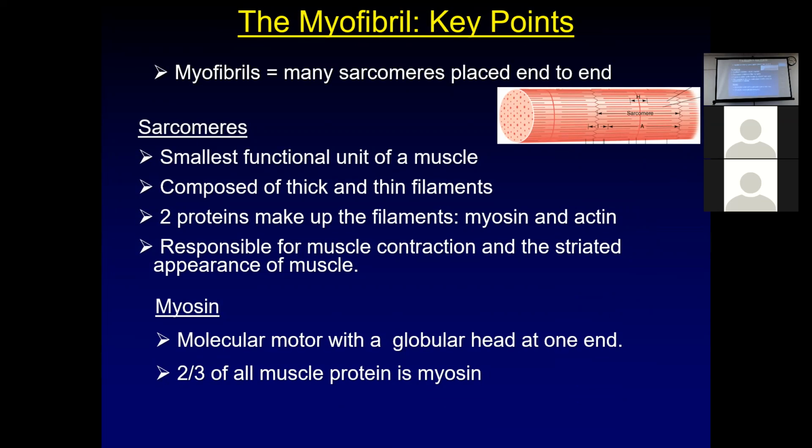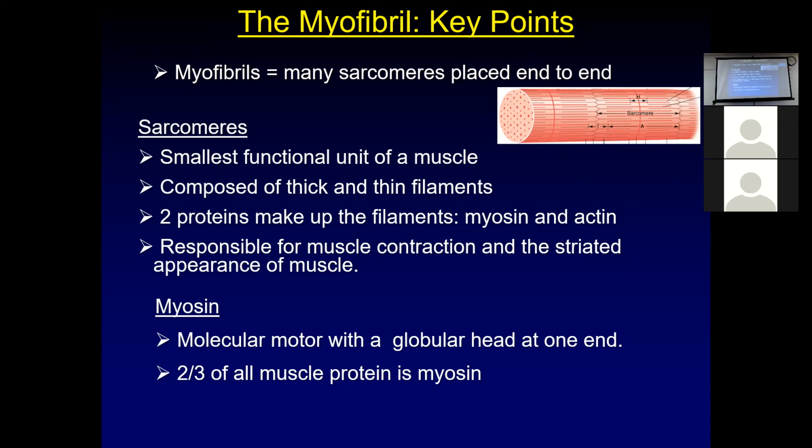Before I show you the picture, I should probably say this. Two-thirds of all the protein in a sarcomere, or really in a muscle in general, is myosin. This is a good thing because myosin functions as a molecular motor.